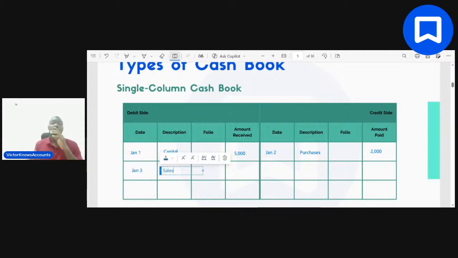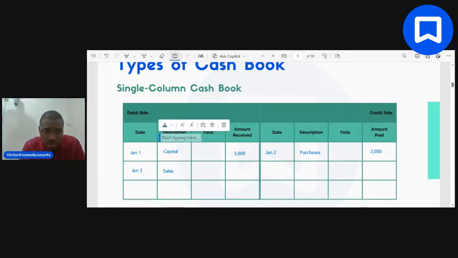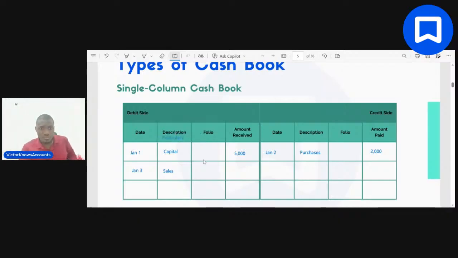Now, January 3rd, the money is coming from sales. Sometimes your description is also called particulars. You can come here and write particulars.